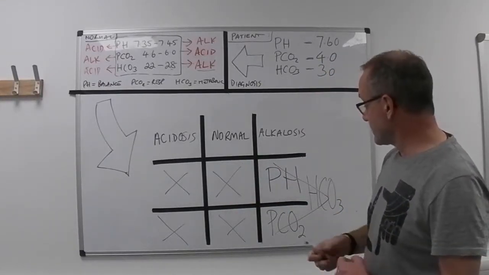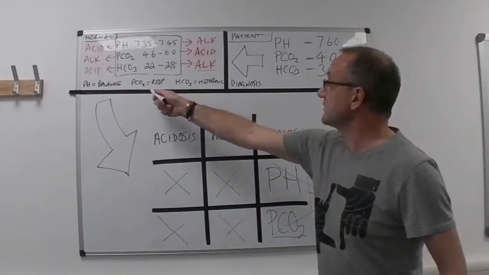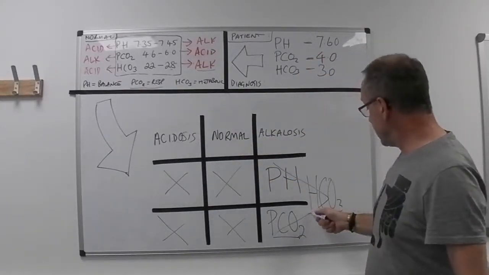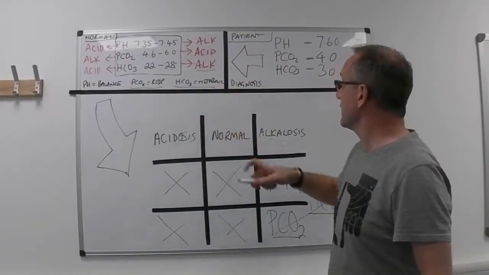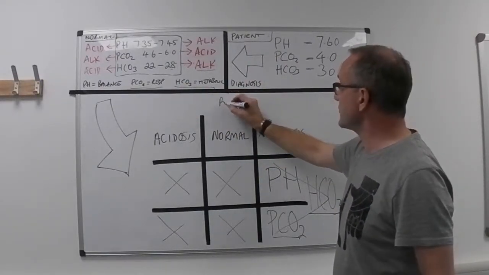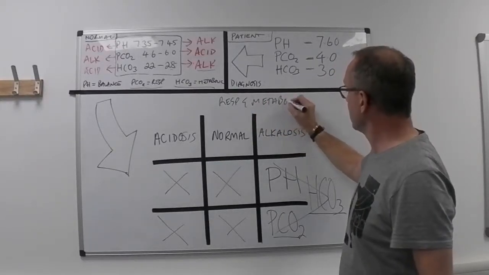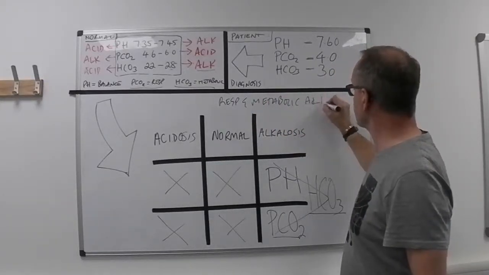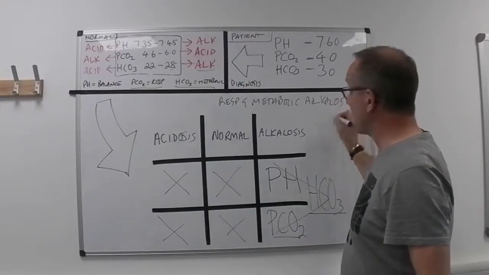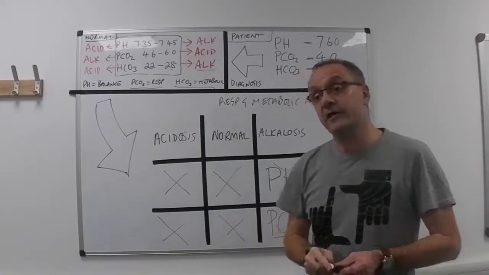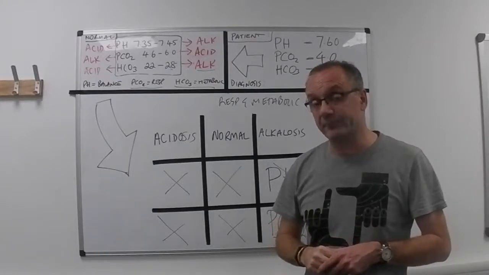And because we've got both the respiratory element and the metabolic element, this makes this a respiratory and metabolic alkalosis. And again, like the previous one, this patient is probably quite unwell.